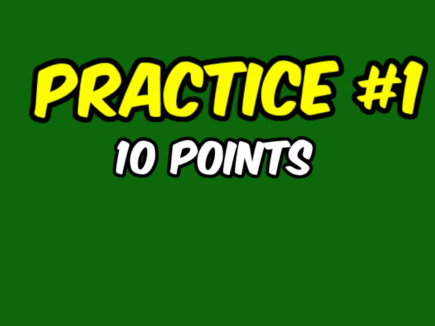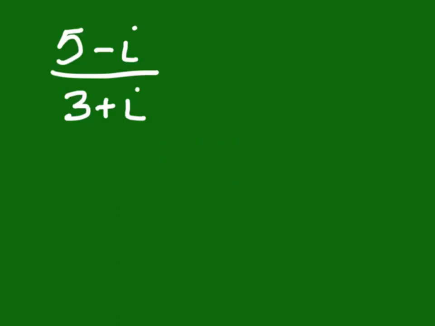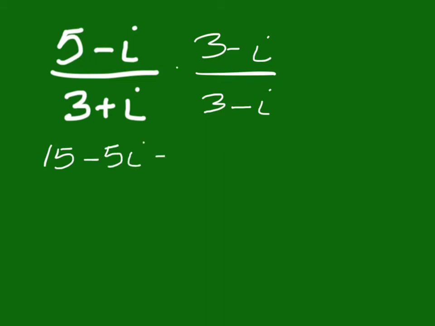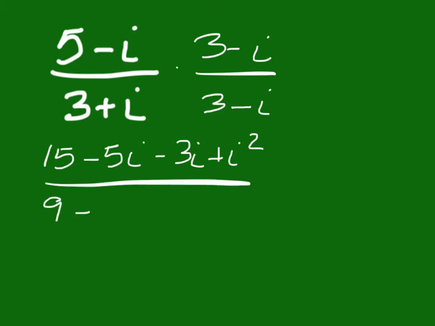Try this one and drop it off. For this one, you have to multiply the top and the bottom by 3 minus i. And then on the top, you'll have 15 minus 5i minus 3i plus i squared over 9 minus 3i plus 3i minus i squared.